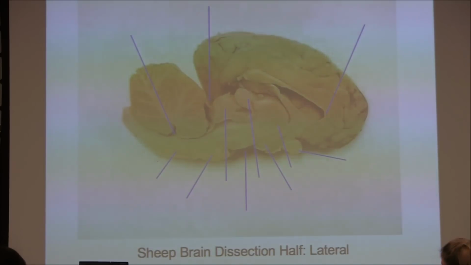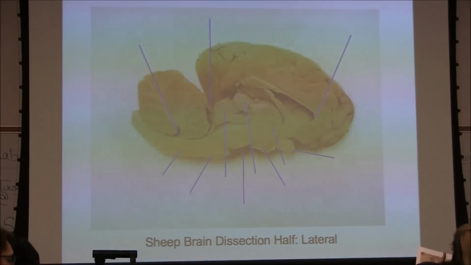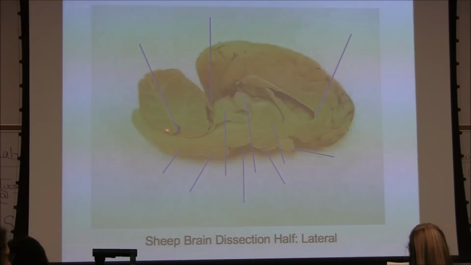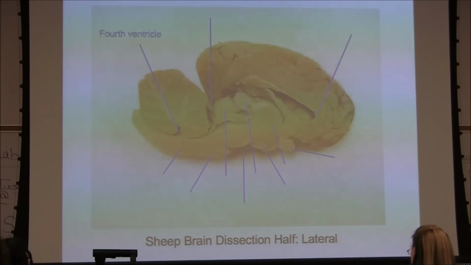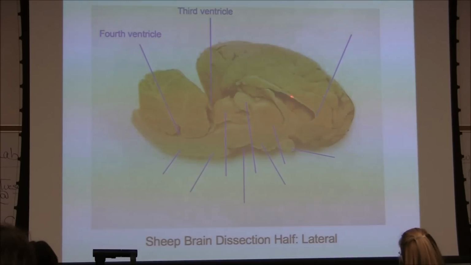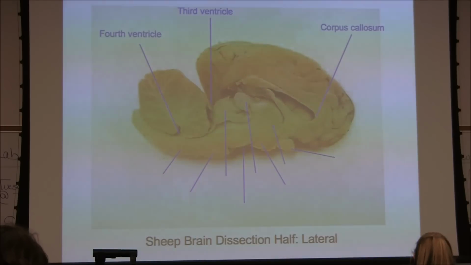Same orientation, same cut. What is this? Fourth ventricle. Don't look at your sheets by this point. What is this? Third ventricle. What's this guy? Corpus callosum. What is this? Optic nerve. This guy?